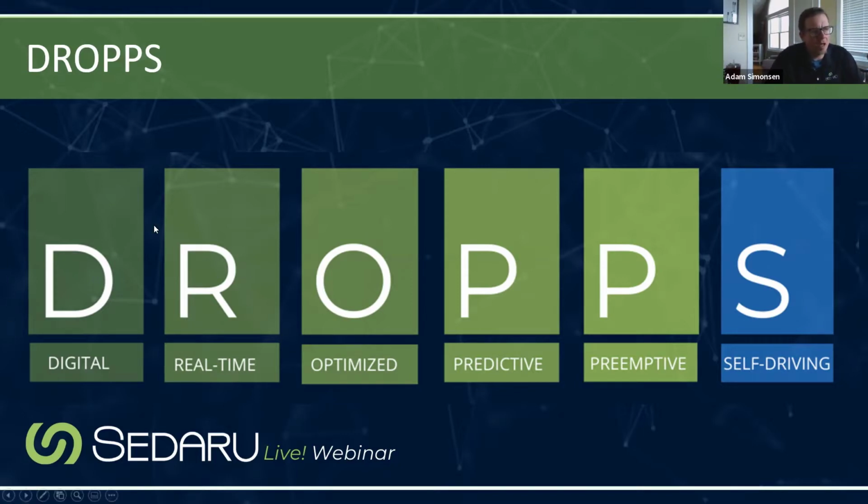And so we talk a lot about this idea of digital and real time, and a lot of our webinars have been focused around that. You're thinking about how do I get rid of paper-based processes? How am I using all this data together in real time, eliminating data silos, and then moving into more optimized decision making.